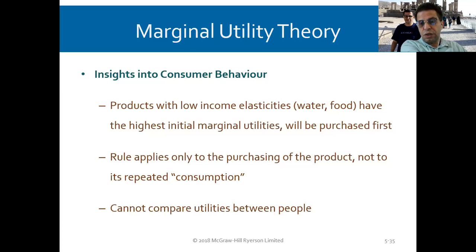The marginal utility theory gives insight into consumer behavior. The products with low income elasticity, like water and food, have the highest initial utility and will be purchased first. The more you react to a product, it means it has the highest utility, like food, water.